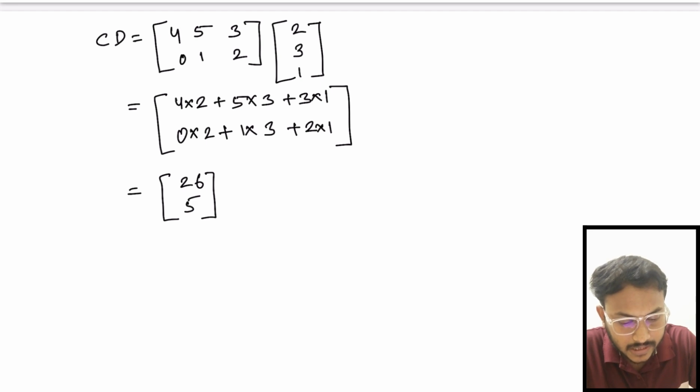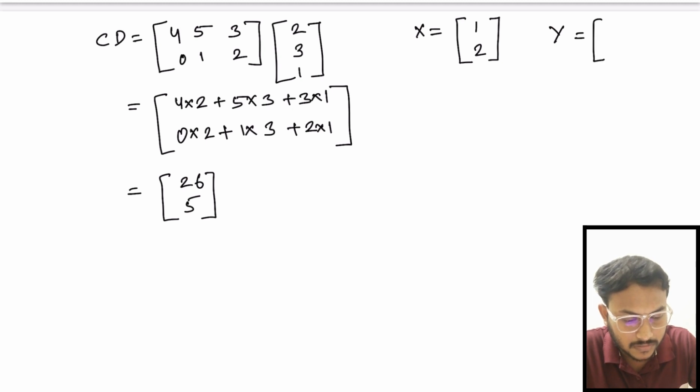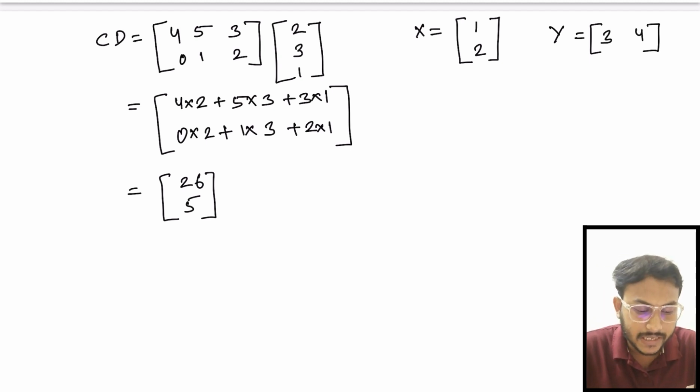Let there be matrix X, and there is a matrix Y. Okay, this is given to you, matrix X and matrix Y. Now you can see here that matrix X has two rows and one column.